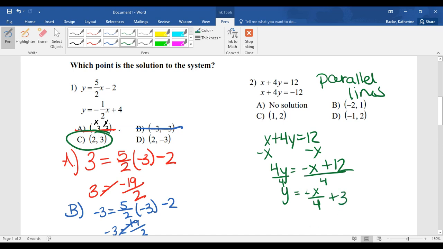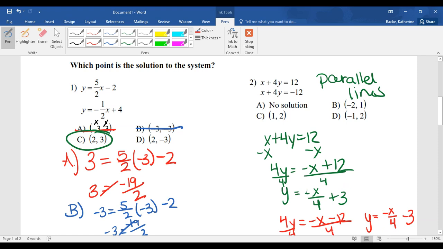And so I am basically going to get the same thing for the next one. The only difference is that I have a negative 12 here, so I'm just going to start from the second step and change it to a negative 12, dividing by 4. y equals negative x over 4 minus 3, okay?